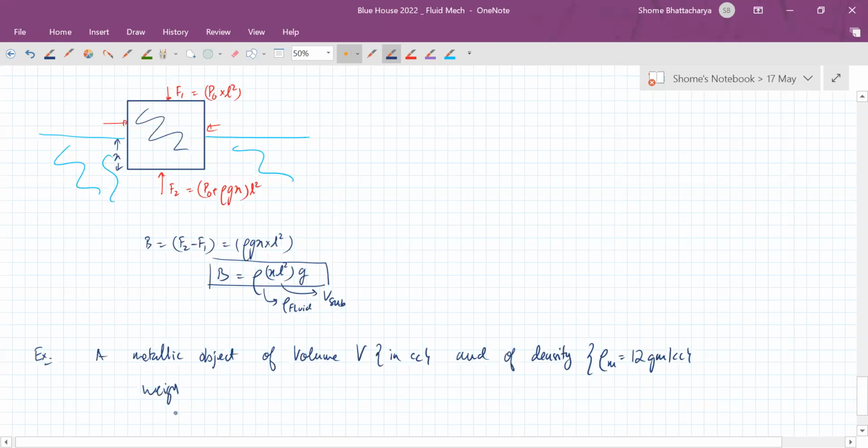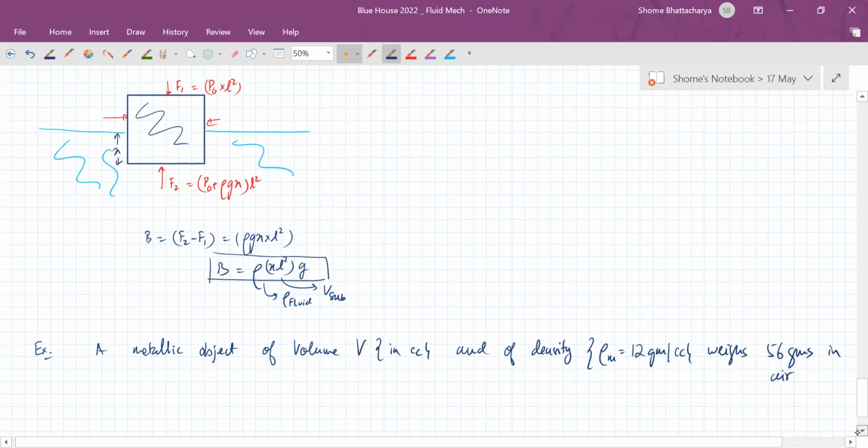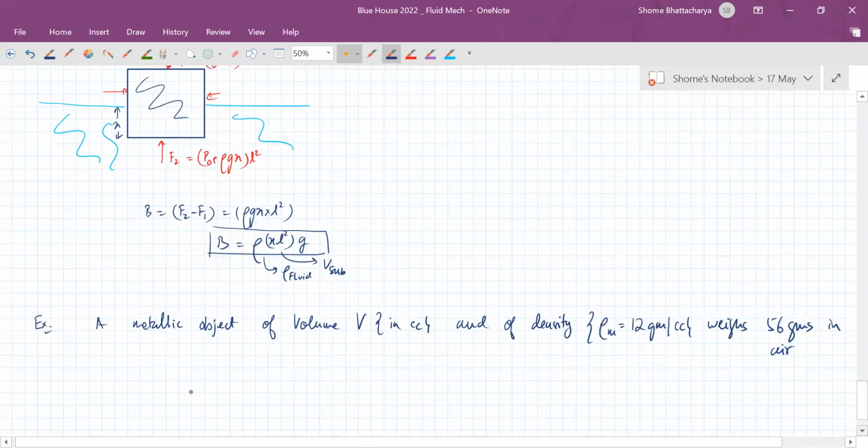When we weigh this object in air, it weighs, let's say, 56 grams.